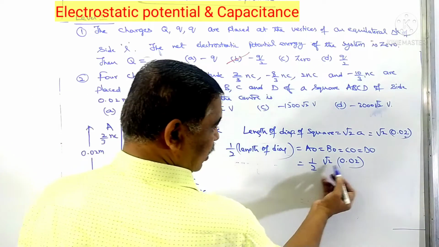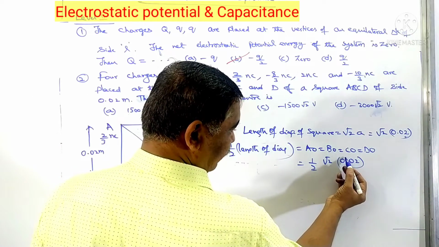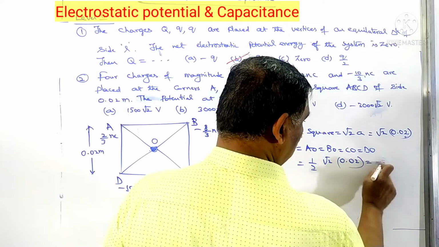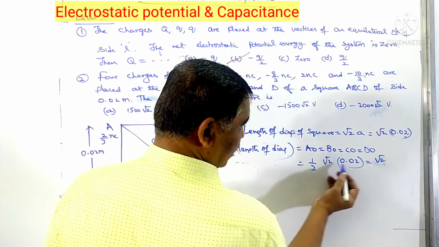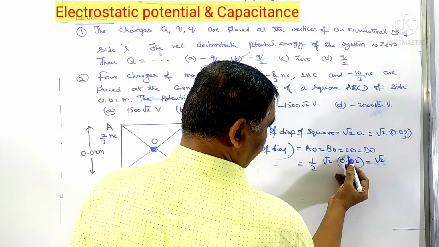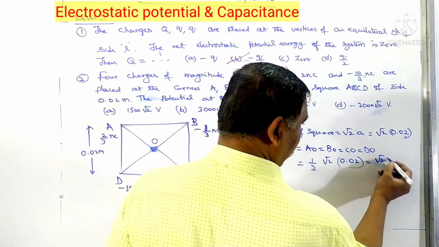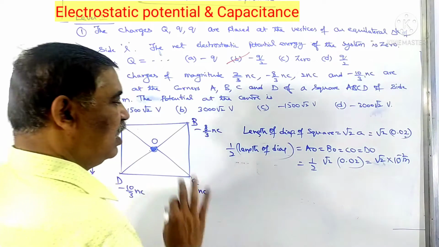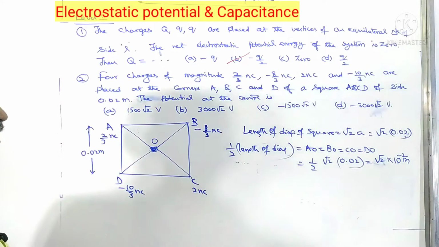Now this can be written as 2 cancels, so you will have 0.01. I write it as 2 into root 2. So when you cancel it, you will get 0.01. 0.01 I will write as 10 power minus 2 meter. So this is half the length of the diagonal what we have.